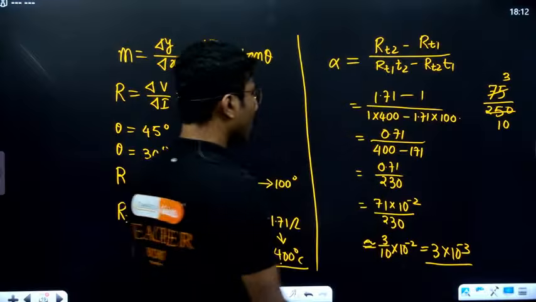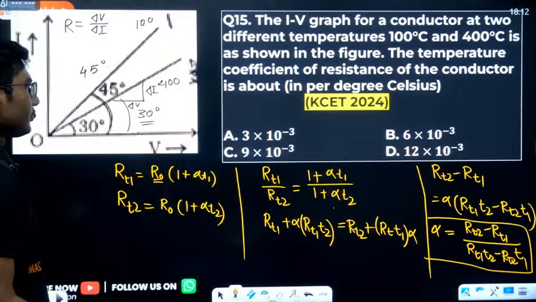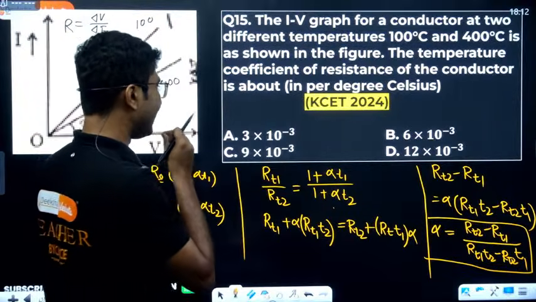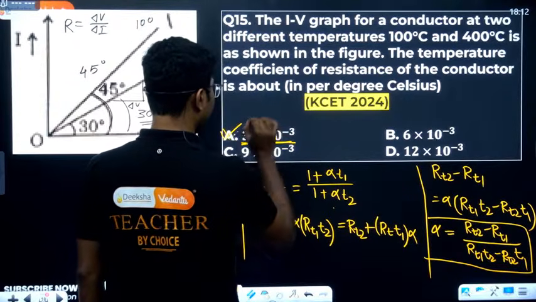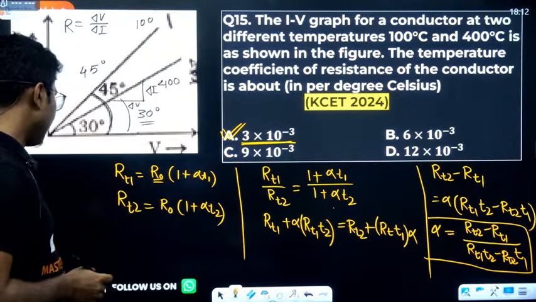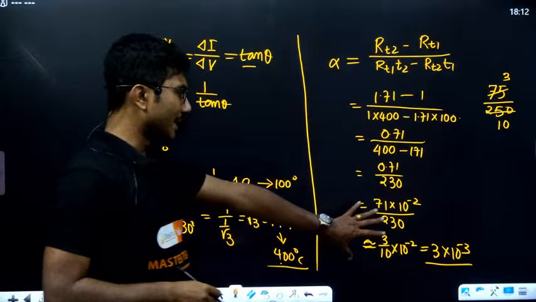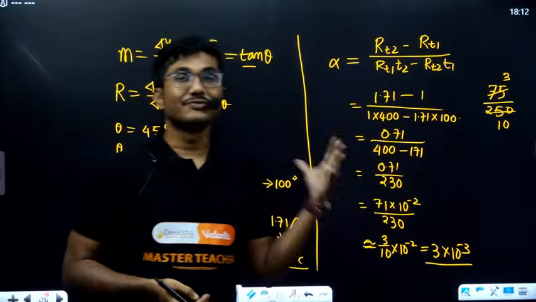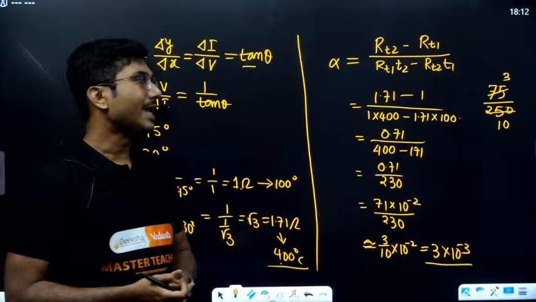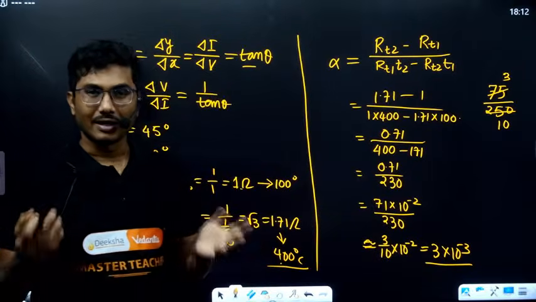Obviously we have to check the options. So 3 into 10 to the power minus 3, even our approximated value is coming out very correct. So the correct answer is option A. I'm not sure what the exact value will be, but it will be very close to 3. So approximation is very important when you are solving any questions in the KCET exam.